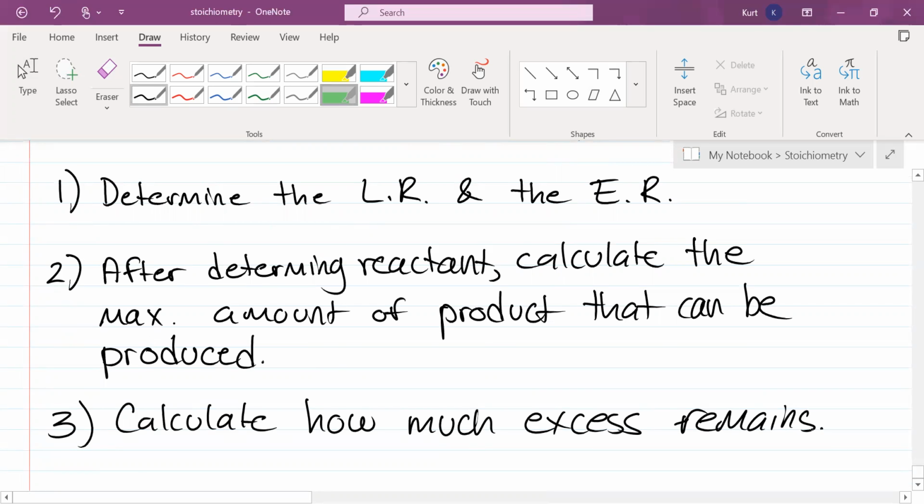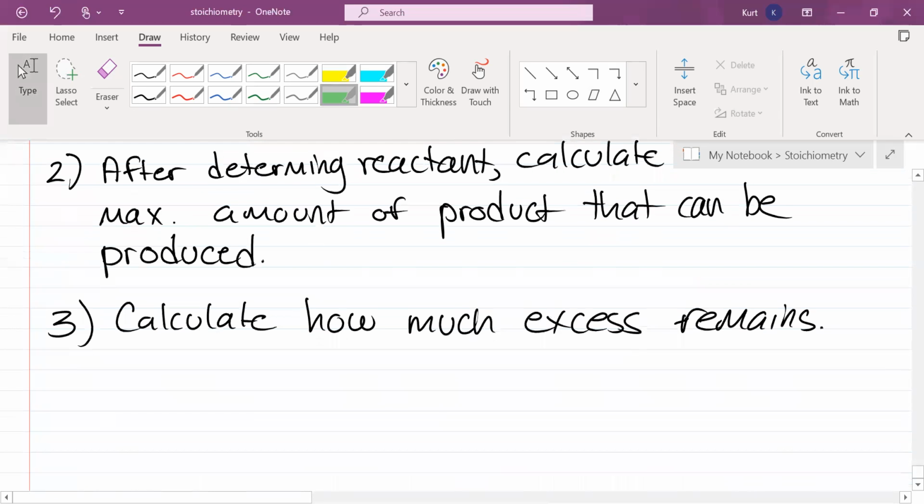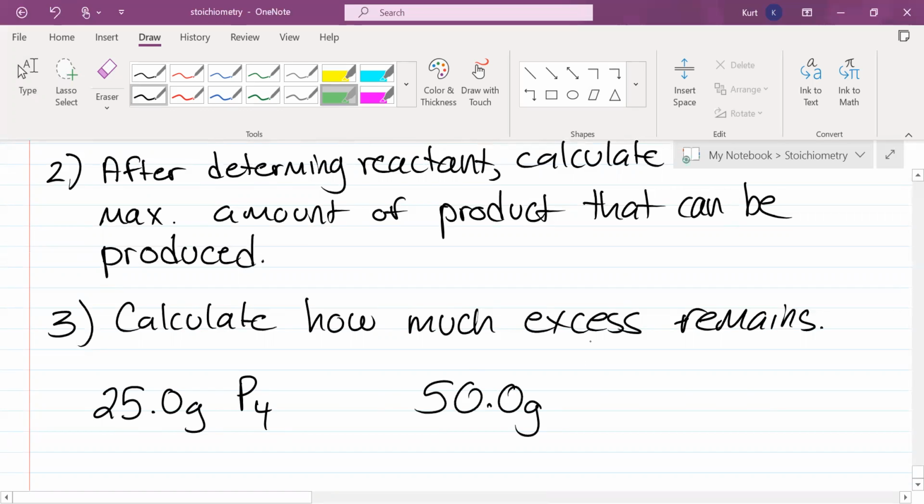You have 6 minutes. What are the grams? The grams are going to be as follows. You have 25.0 grams of P4, and you have 50.0 grams of oxygen.